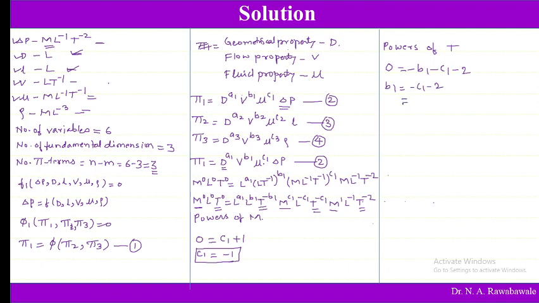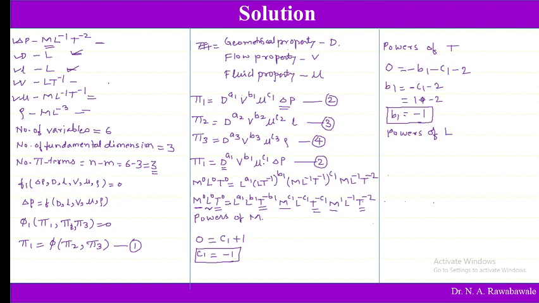The c1 value we know, that is minus 1, minus of minus will become plus 1 minus 2, so this will be minus 1. So b1 is going to be minus 1. Then collecting powers of L.